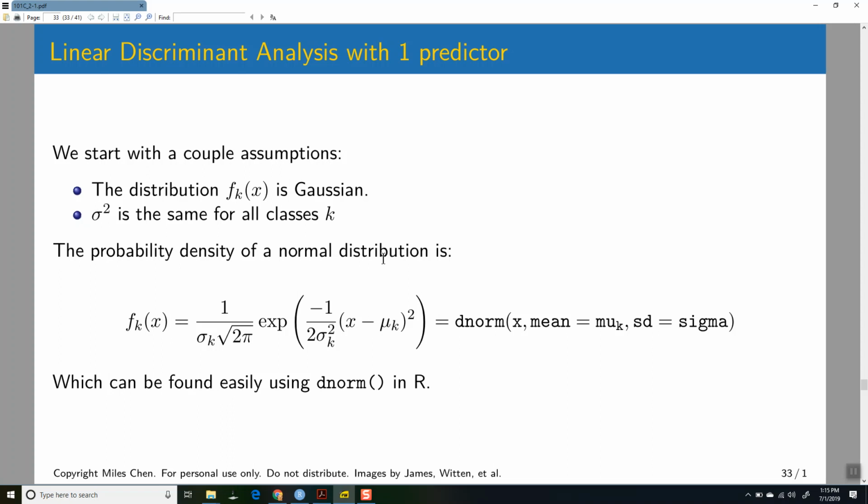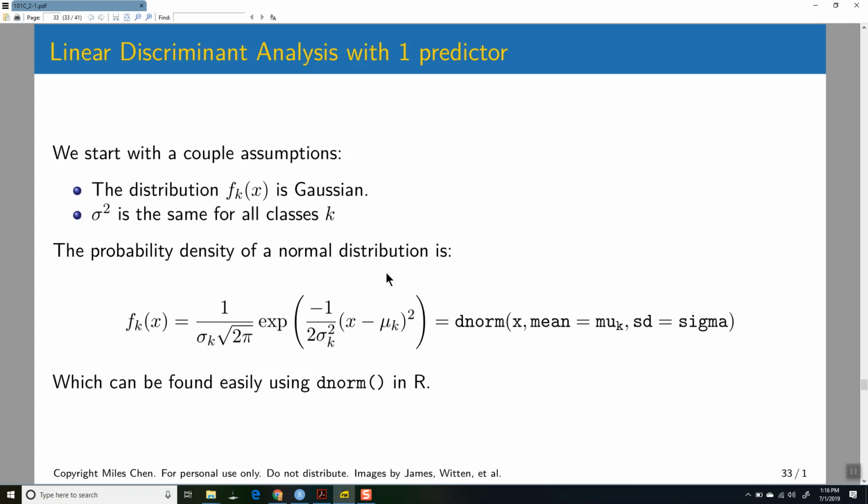All right. So anyway, this probability density, if we have one predictor, so here we're going to predict the class based on one value, okay? The one predictor has to be numeric and it has to be reasonable to assume that it's Gaussian.